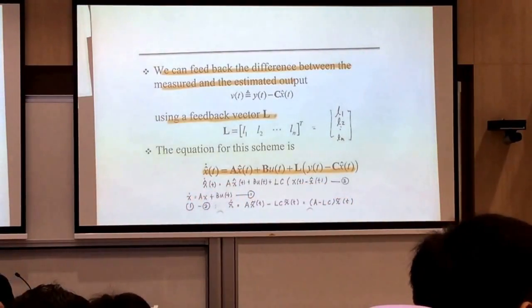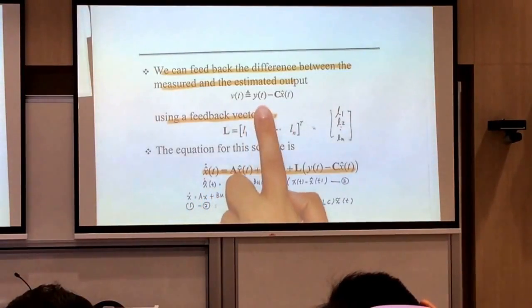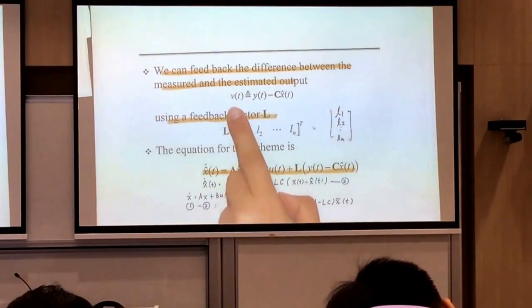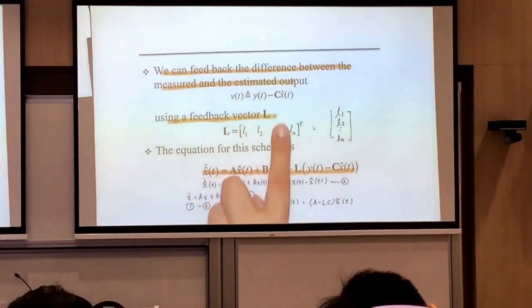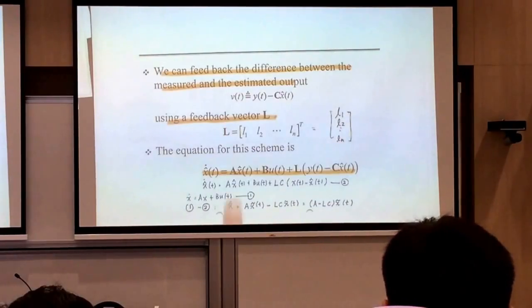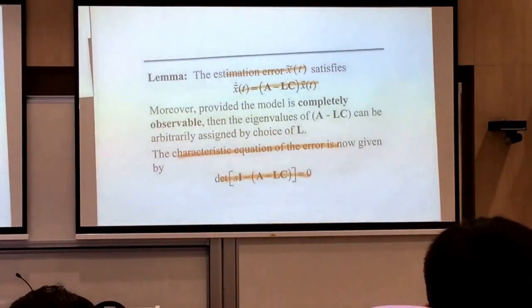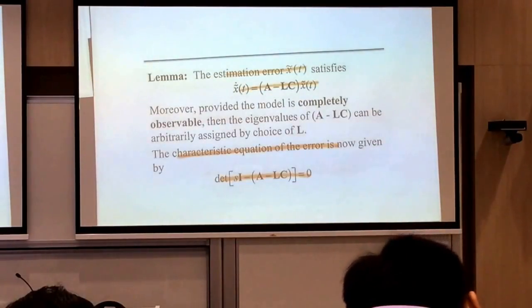You can basically feed back the difference between the real output and the estimated output, using a state feedback vector L, which is L1, L2, to Ln. You don't have to copy this, you've already copied.